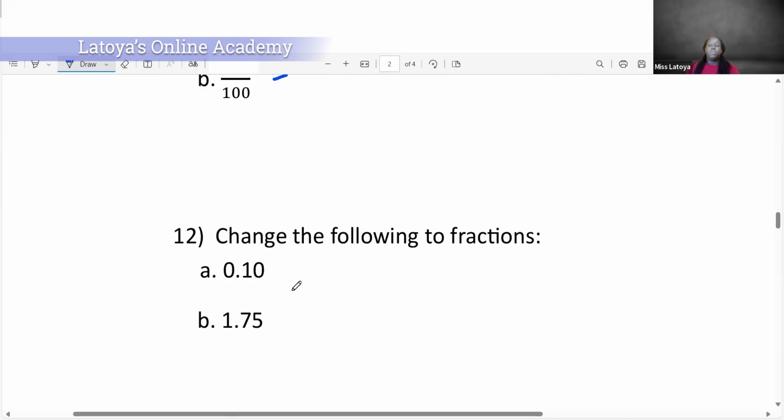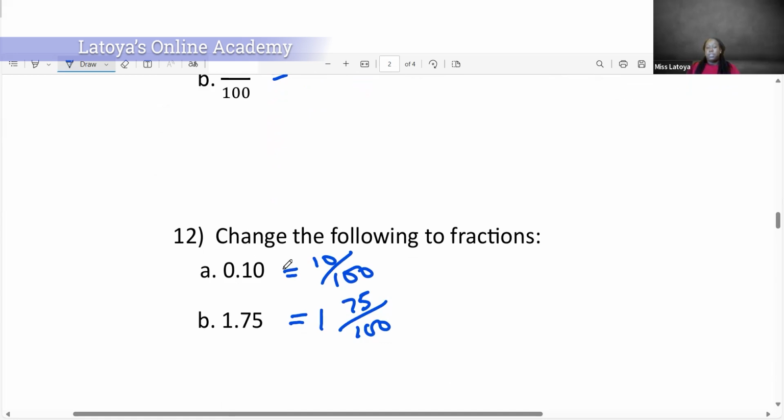How do I change these to fractions? This is 0.10, or 10 hundredths. This is 1.75, or 1 and 75 hundredths.